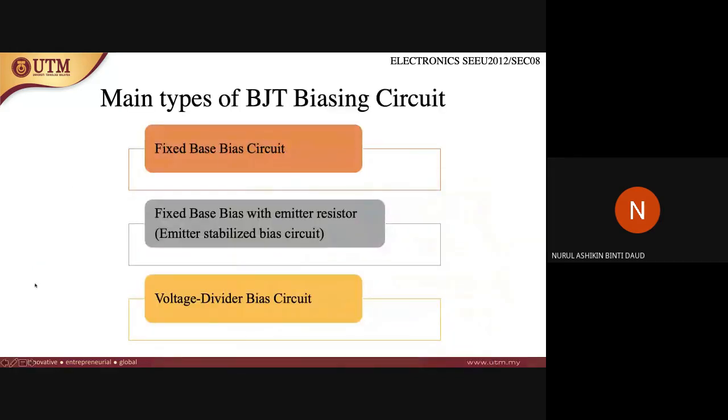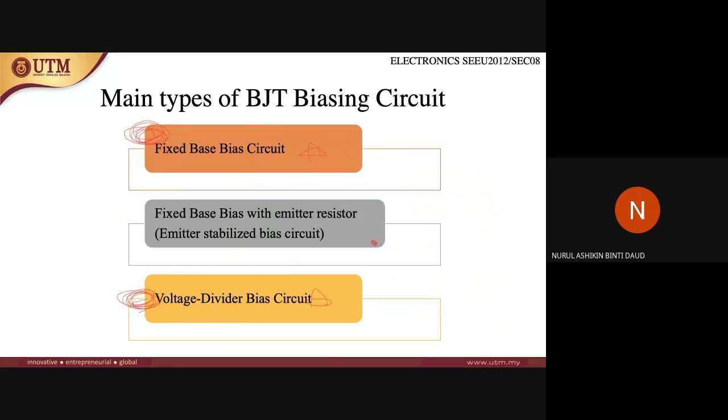Next, for the next class, we will look at the main types of BJT biasing circuit. Our focus is on these two circuits. These two circuits will come out in your test. This circuit is only for additional, not in your test, not in your exam.